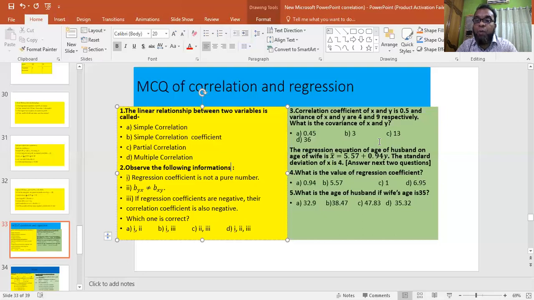You put the value of Y equal to 35. So 35 into 0.94 plus 5.57. The calculation gives 38.47. So this is the answer.